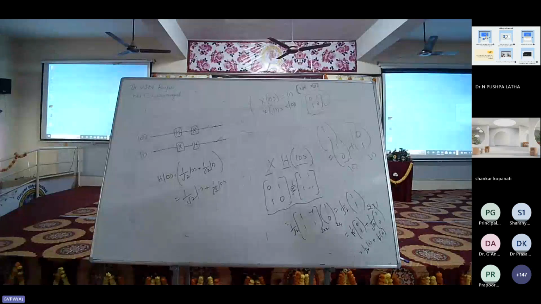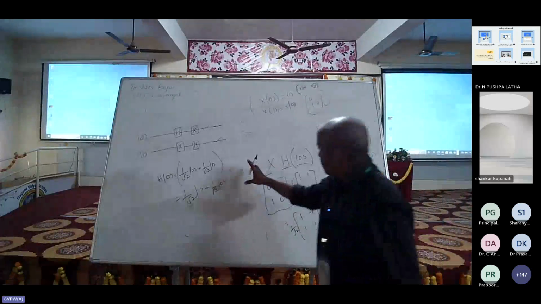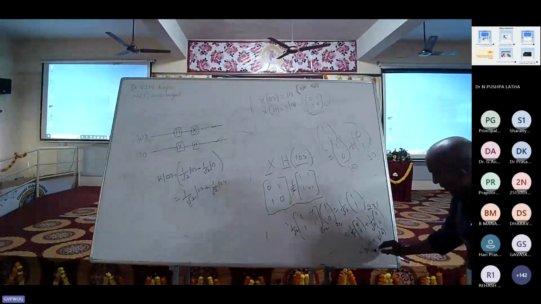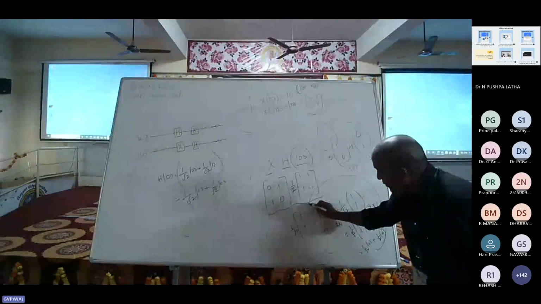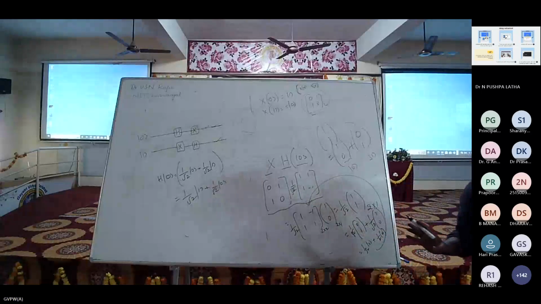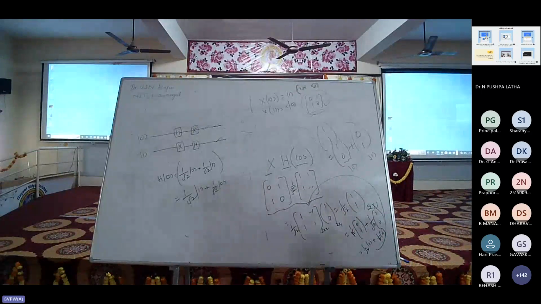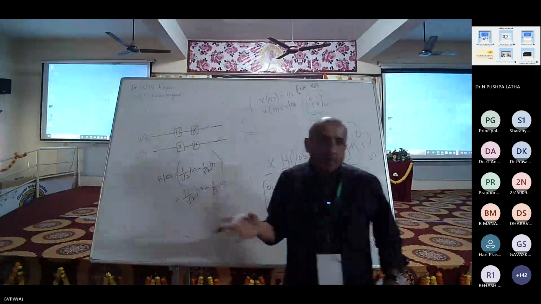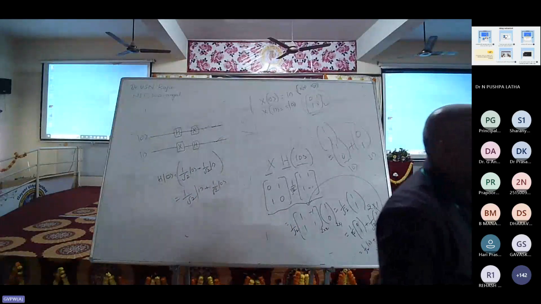The output of this circuit can once again be represented as a matrix. If I start from here, can I come to this one or not? By multiplication of these unitary matrices. Once again I am telling you, a gate is nothing but a unitary matrix. Once you know the unitary matrix, the result of applying any circuit is nothing but the multiplication of these unitary matrices.